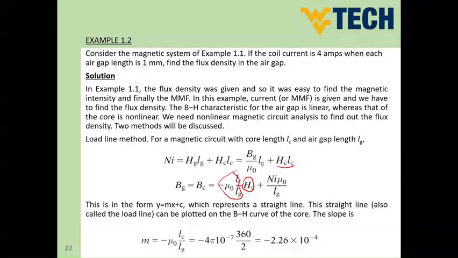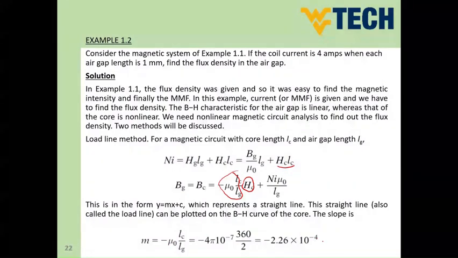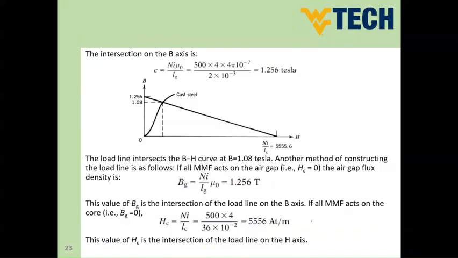So from this relation here, we can say the slope of this straight line is minus mu naught Lc divided by Lg, and we can calculate this slope. And the point of intersection with the vertical axis, with B, we can get as Ni mu naught divided by Lg. So we have all of these parameters, so we can get these values. So we got now 2 points.